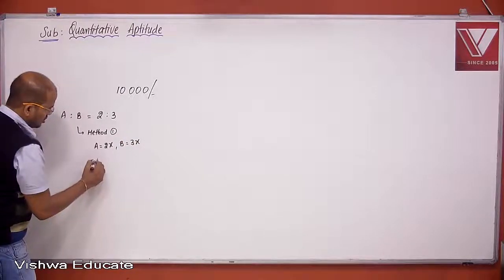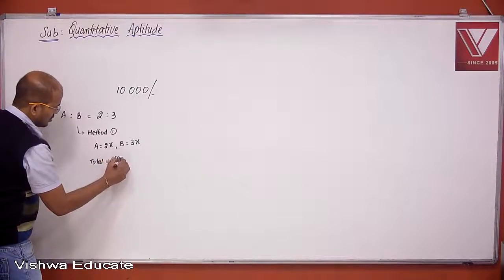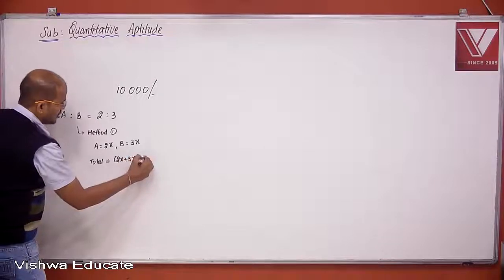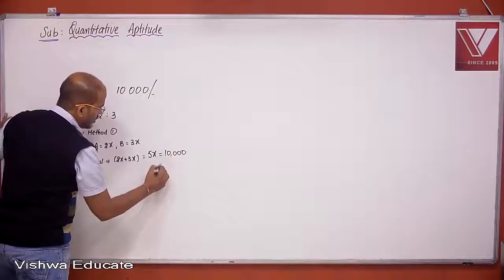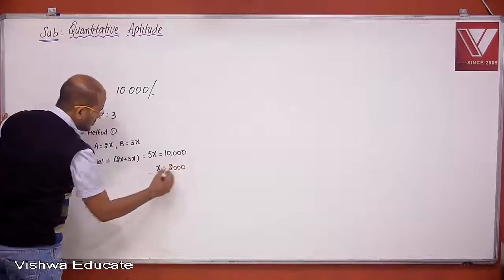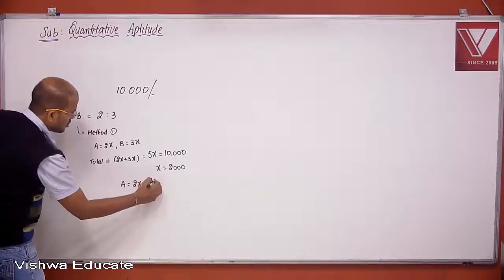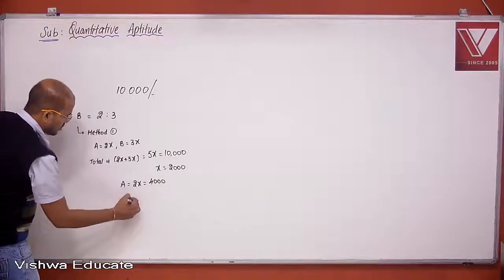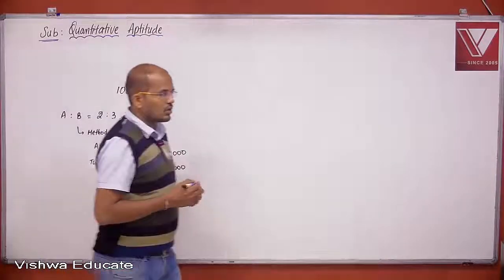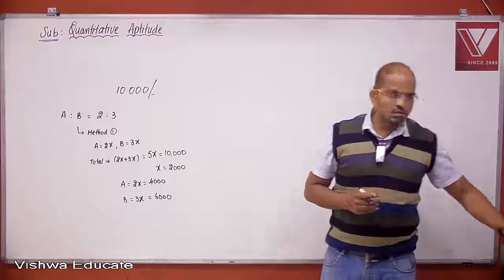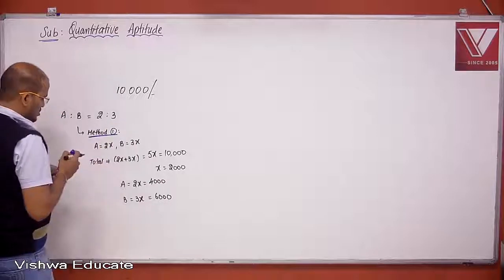So total is 2x plus 3x, which is 5x. 5x is 10,000s. So x would be 2,000s. So A would be 2x, which is 4,000s. And B would be 3x, which is 6,000s. Isn't it? So A would be 4 and B would be 6.